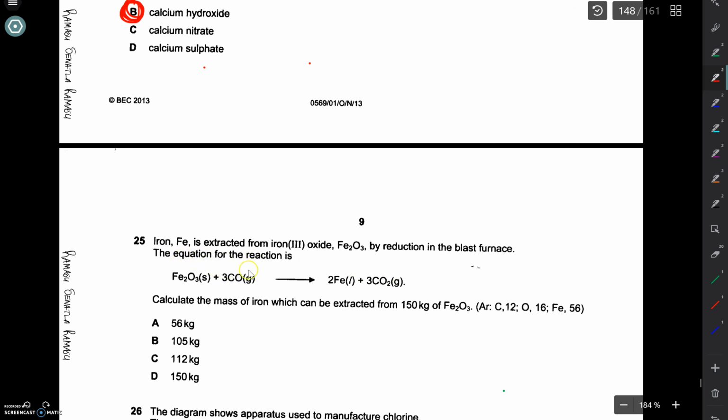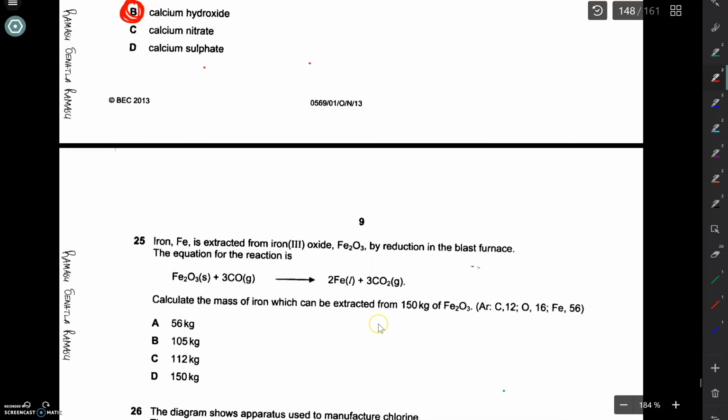The equation for the reaction is: 1 mole of iron 3 oxide plus 3 moles of carbon monoxide, giving 2 moles of iron plus 3 moles of carbon dioxide. Calculate the mass of iron which can be extracted from 150 kilograms of iron 3 oxide.